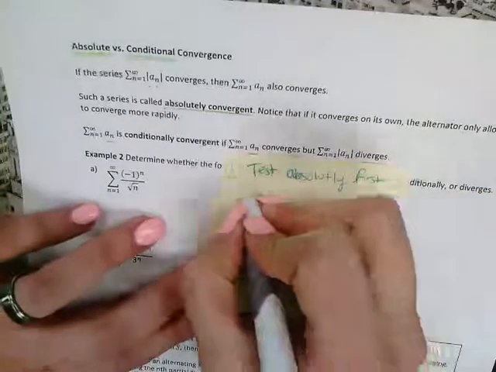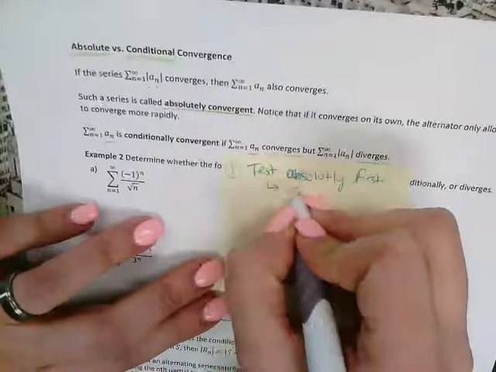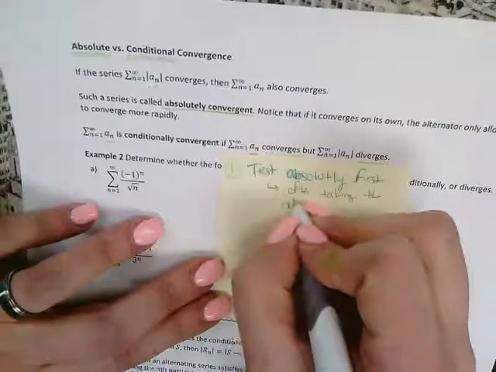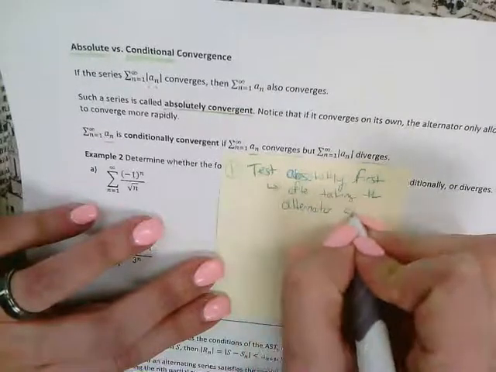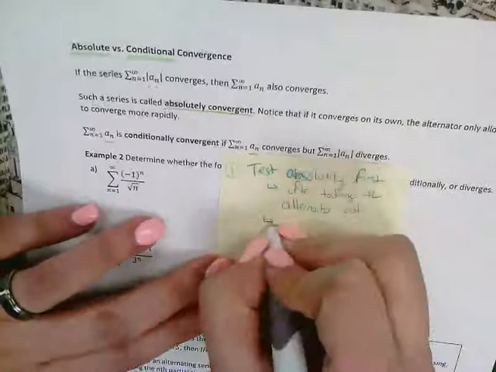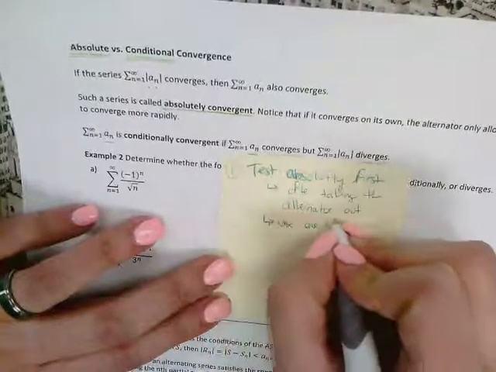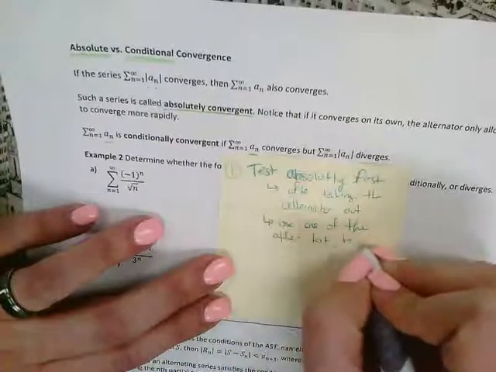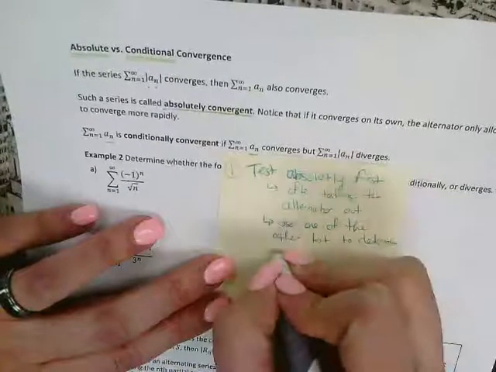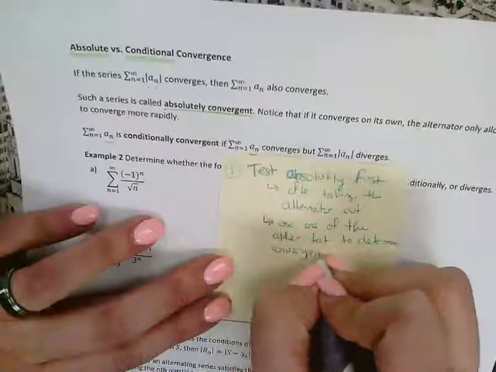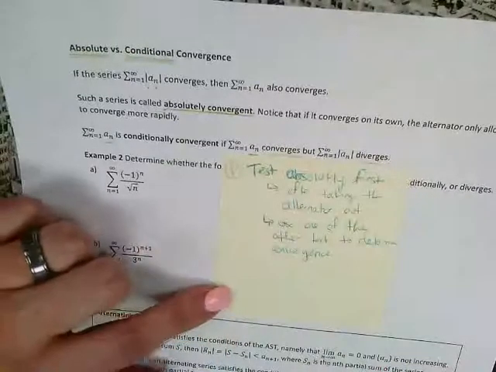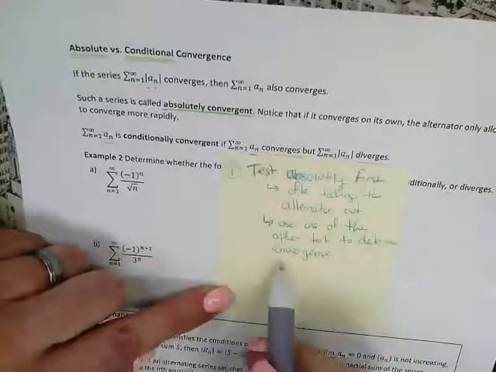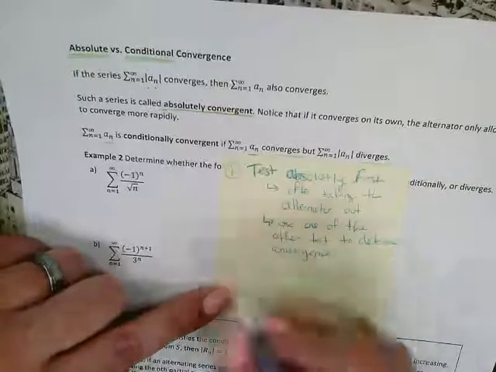The way that you do this is, after taking the alternator out, use one of the other tests to determine convergence. Okay, and I'll show you what that means in just a second. Now, if this converges, then you're done. Then you can say, all right, it absolutely converges.